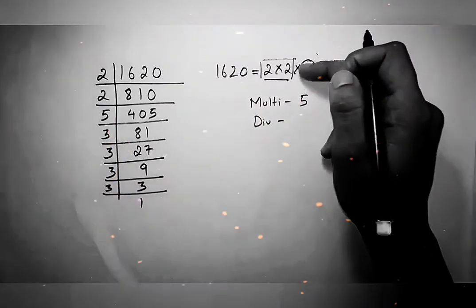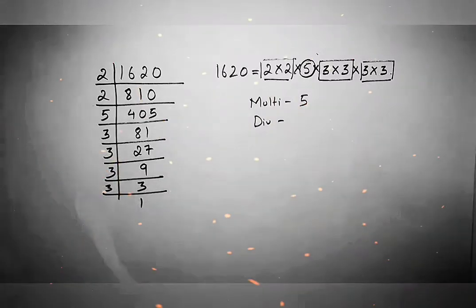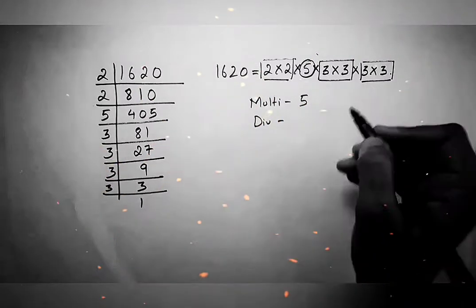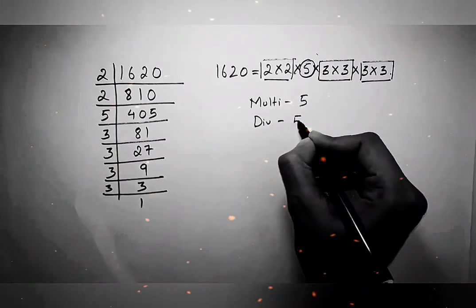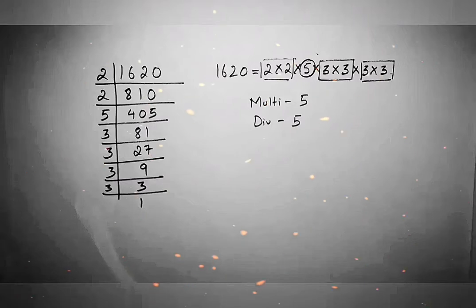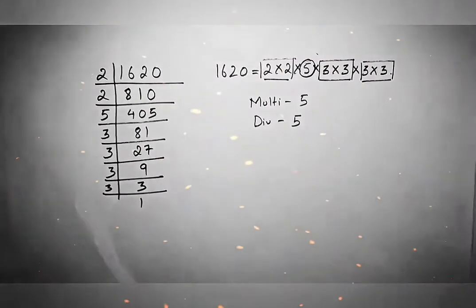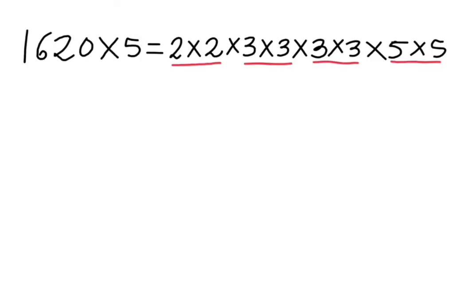And if we want to remove this, we have to divide by 5, so that in our prime factors part we are left with all the paired numbers. I hope you are getting it. Clear? To make a pair, we multiply, and to remove the number we divide.